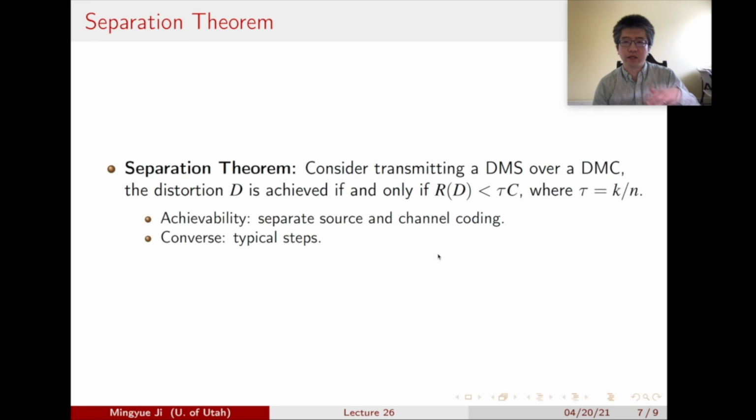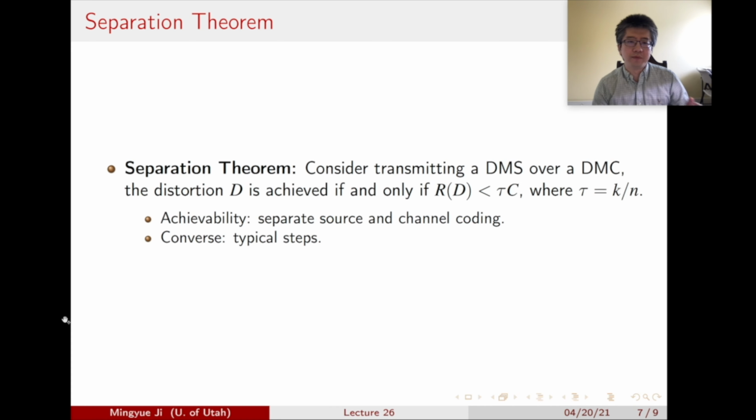The approach can be very simple: we can do separate source-channel coding, which means that we do the source coding for the rate distortion, and then we do the channel coding and pass the signal. At the receiver side, we first decode the channel code and then decode the source code.